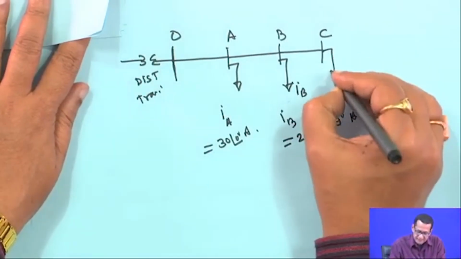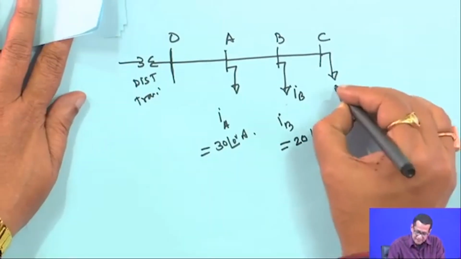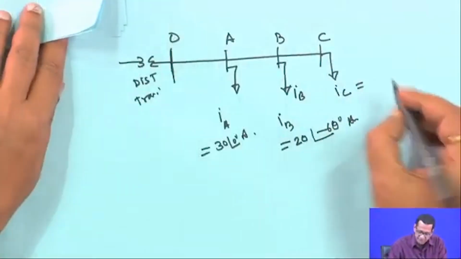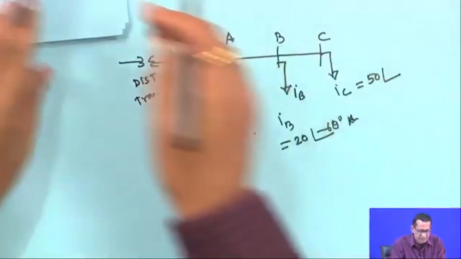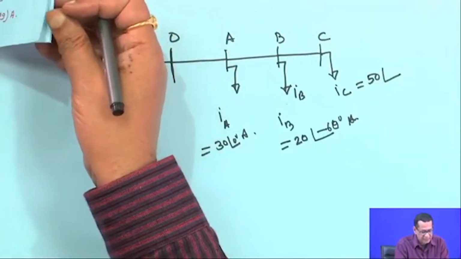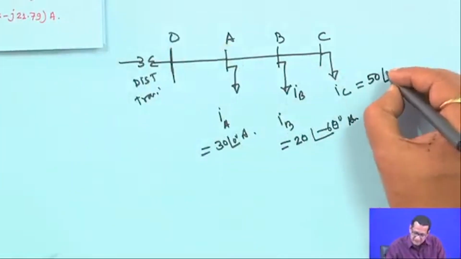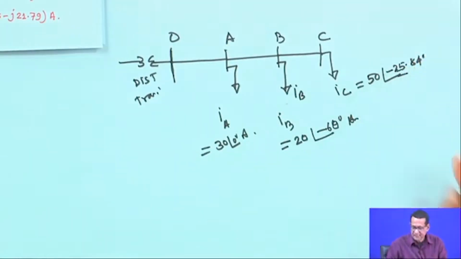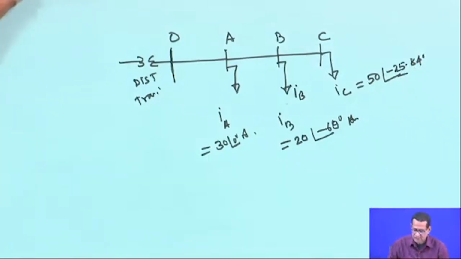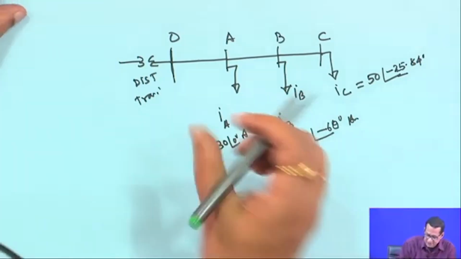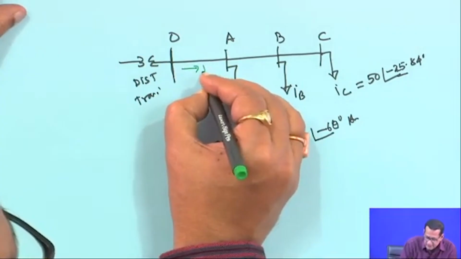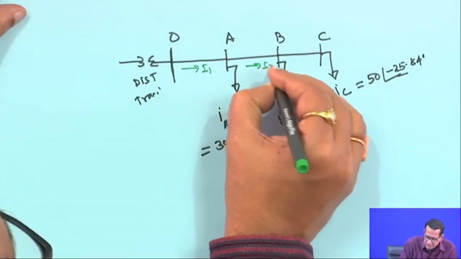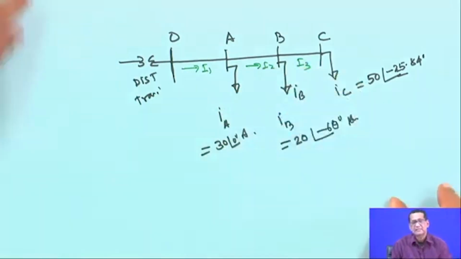ampere. And this is your IC, IC is given as 50 and cos theta is equal to 0.9, so it is minus 25.84 degree. Through these, the currents flowing are I1, I2 and I3.